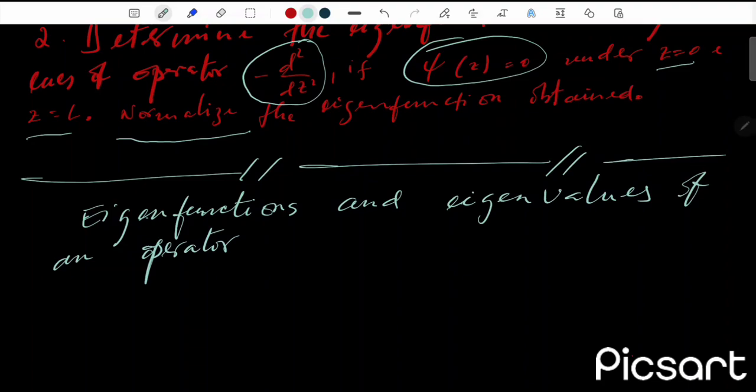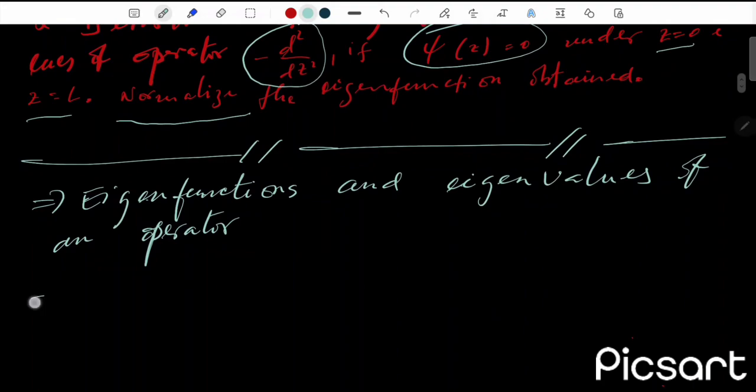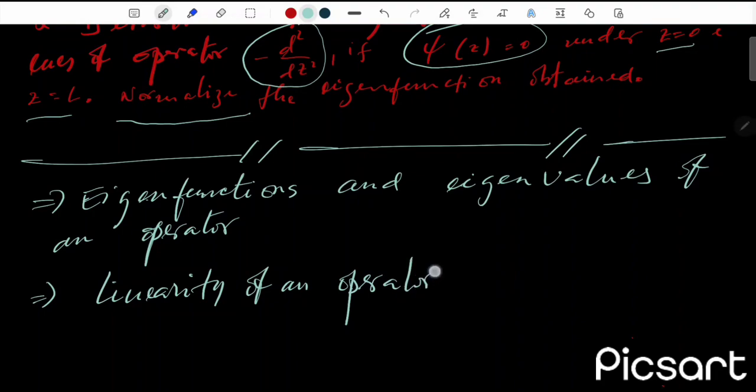On the other hand, we must also talk about the linearity of an operator, or we can also say linear operator.